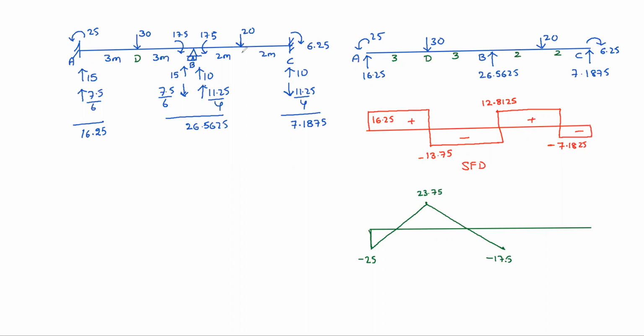Okay, at E point, if you want to calculate, so at C, you know, 6.25 negative, because right side clockwise is negative, minus 6.25. At E you can find minus 6.25 plus 7.1875 into 2.